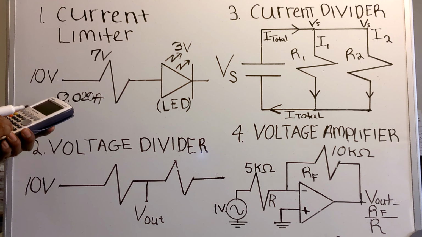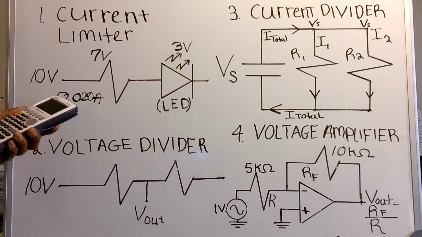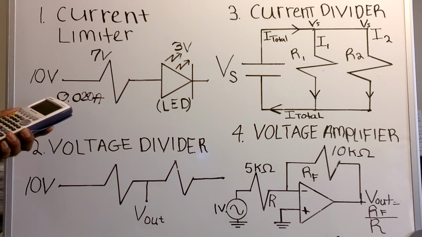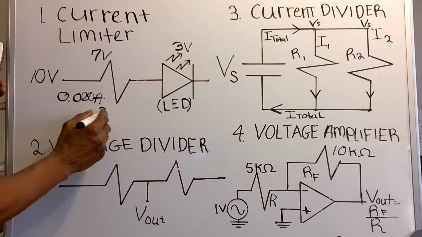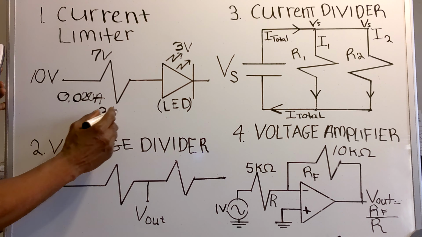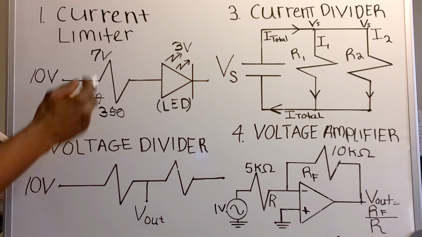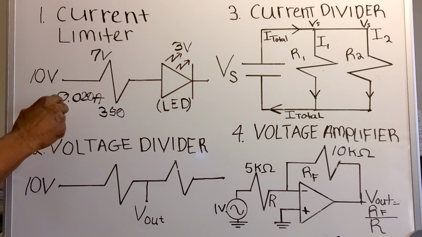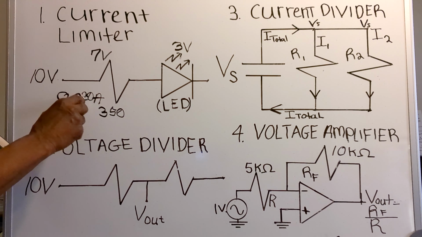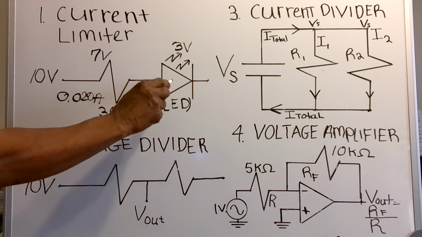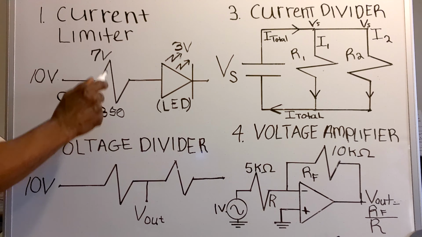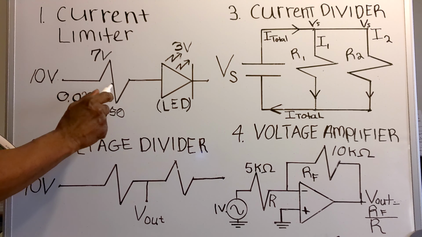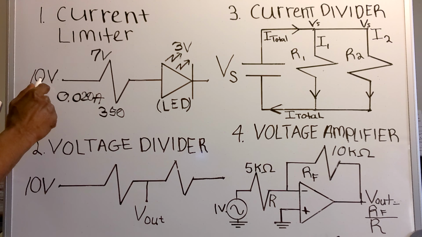Seven volts divided by 0.020 amps, that equals 350 ohms. So if I wanted a current of 0.020 amps flowing through my circuit and flowing through my LED, I'm going to need a 350 ohm resistance for a 10-volt source and a 3-volt LED.